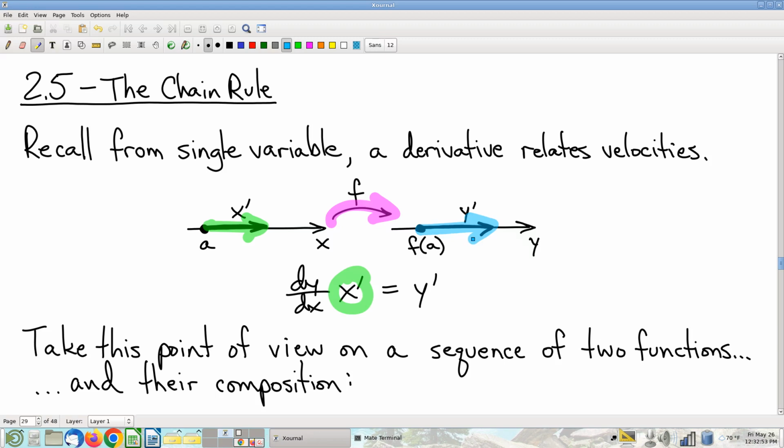Seems like a reasonable thing to call it. Among the many interpretations of a single variable derivative, I want to take the point of view that it is the thing you multiply by input velocity to get output velocity. Everybody comfortable with that interpretation? Again, among many others.